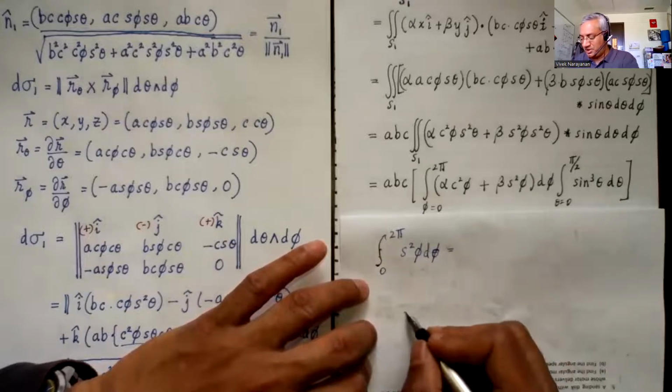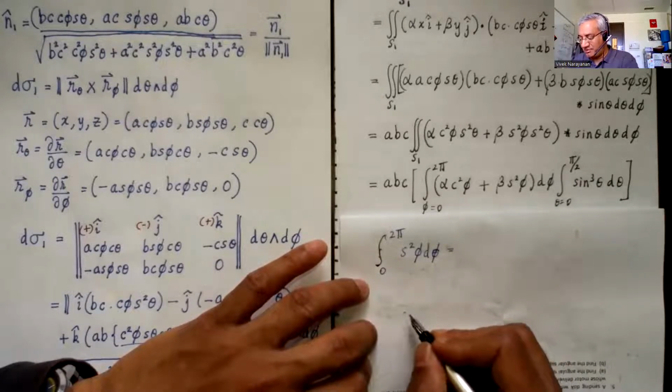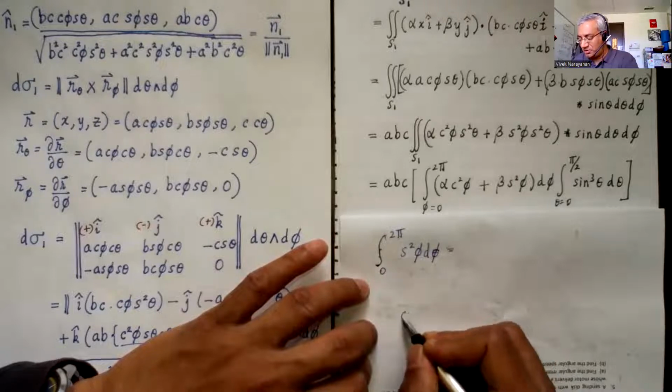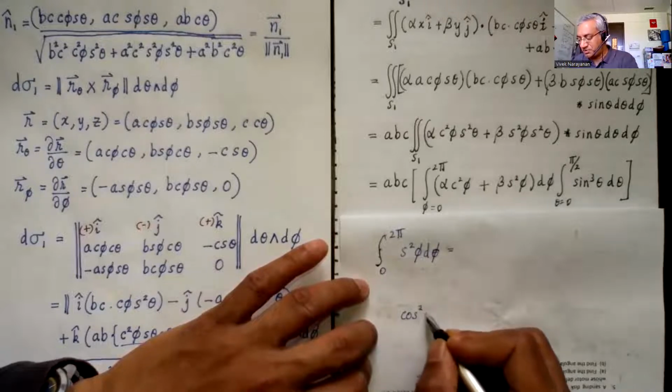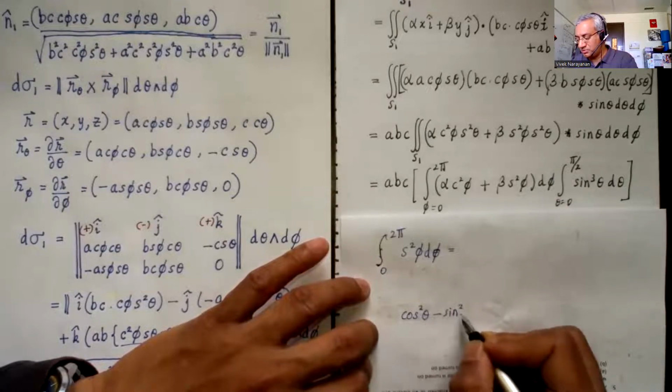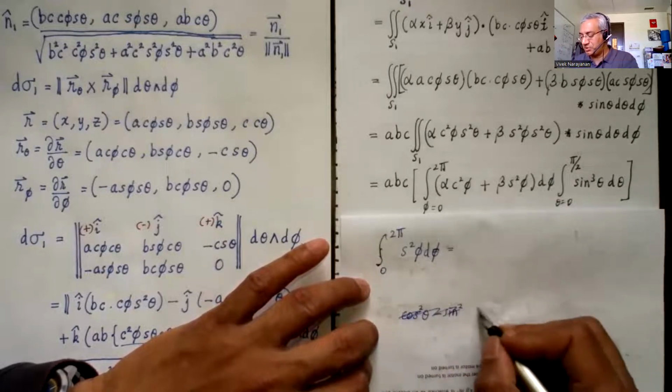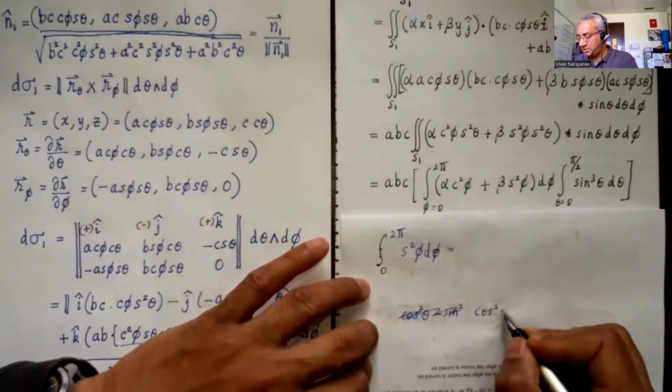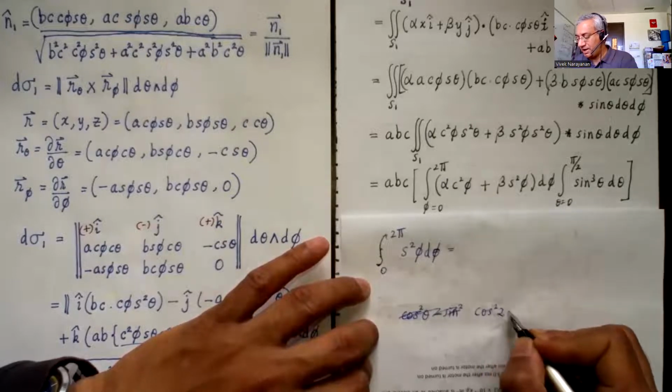Well, you can write sine squared using the half angle identity.